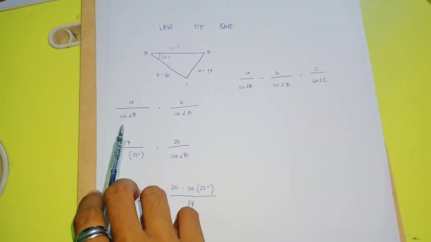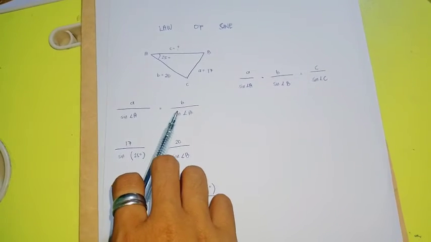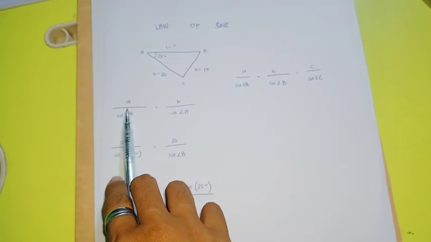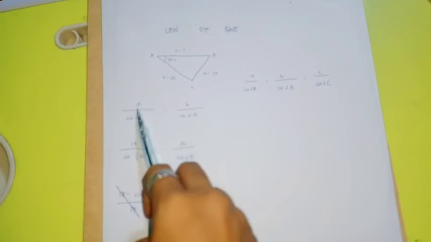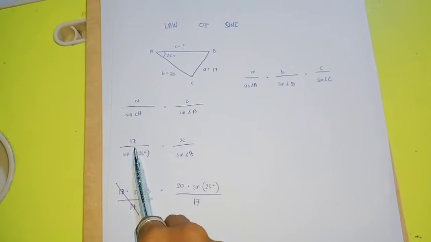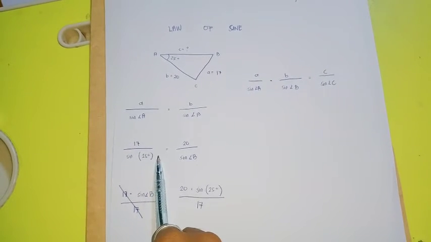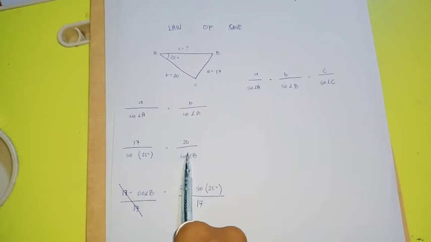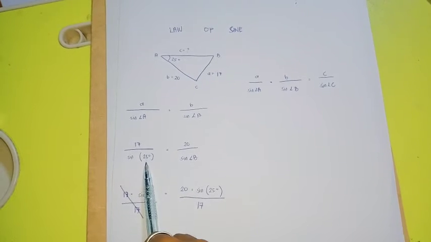So A over sin A is equal to B over sin B. We're going to substitute the values of our triangle into our formula. So 17 over sin 25 is equal to 20 over sin B. We are going to cross multiply this one.